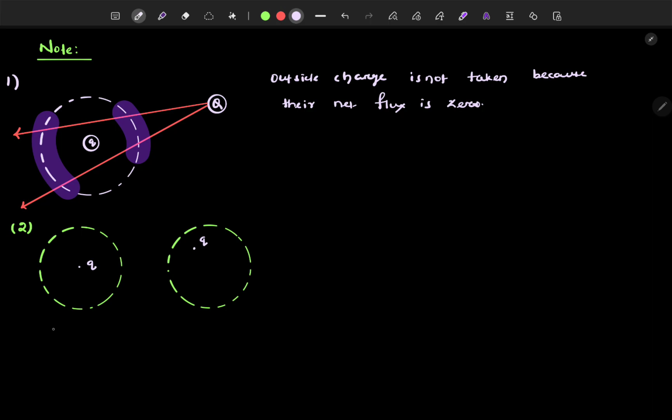So remember, in the first case, what is the value of electric flux? Phi is equal to Q by epsilon naught. In the second case also, phi is equal to Q by epsilon naught. So from this we can write one point.